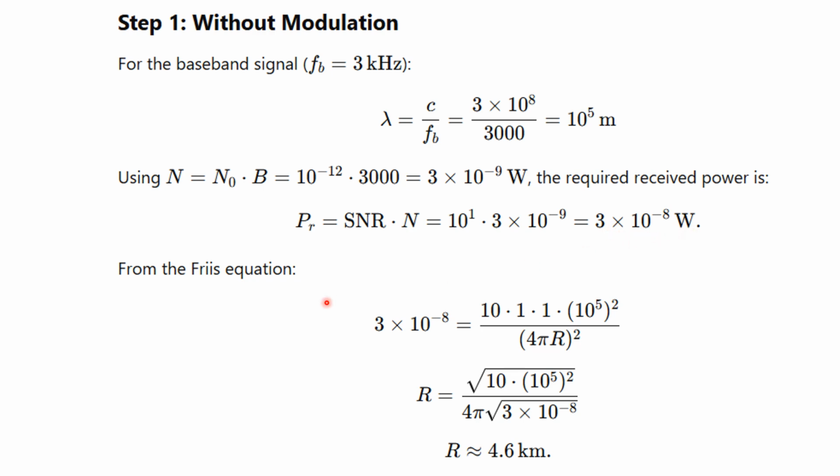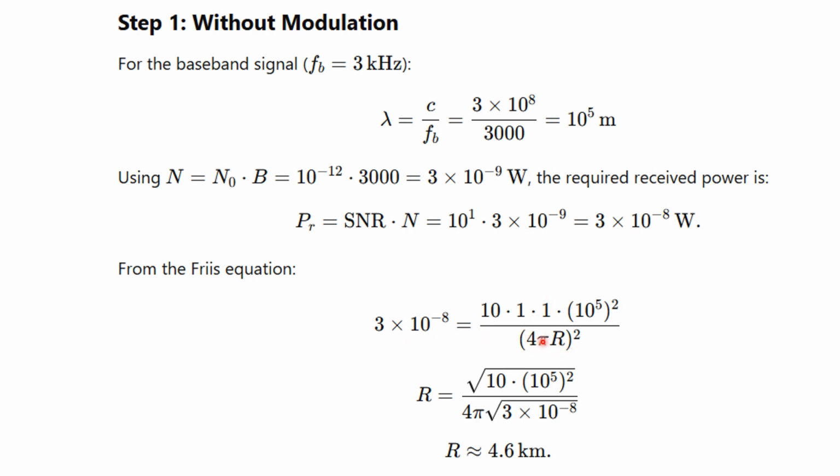Now we incorporate all values into the Friis equation: received power 3 into 10 power minus 8 equals 10 multiplied by 1 multiplied by 1, multiplied by lambda square, 10 power 5 square, where the ones are the gains of the receiver and transmitter, divided by 4 pi capital R square.